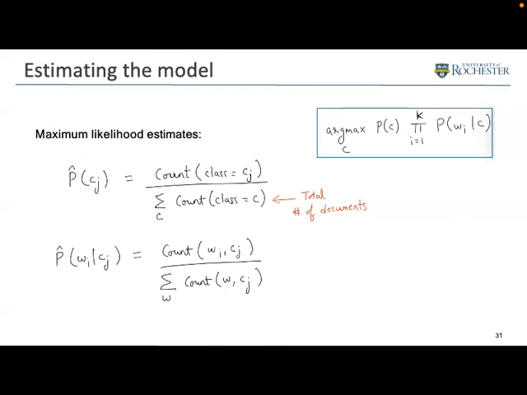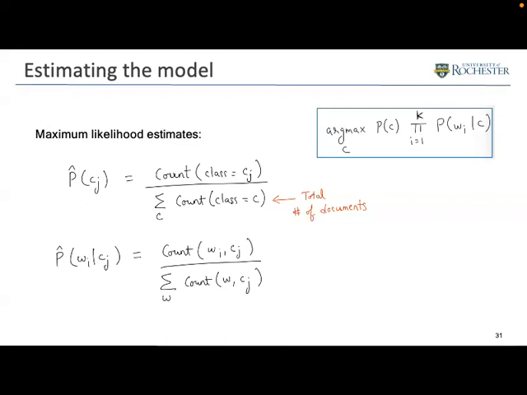For the words, again, we just do a counting. We look at the current document and the current word, and we count the word together with its current category. If we normalize this counting with the count of all the words, we can find the probability of each single word conditioned on the current class.